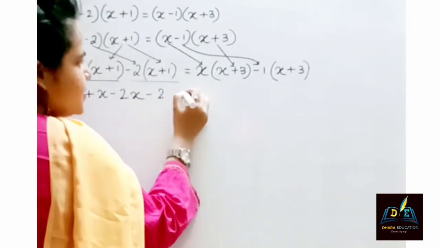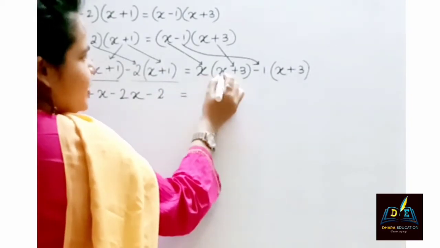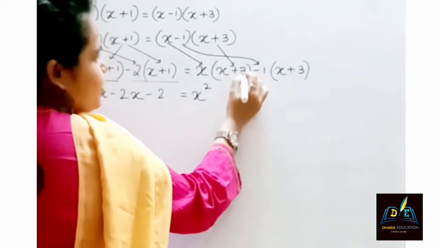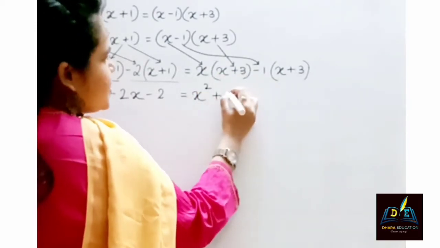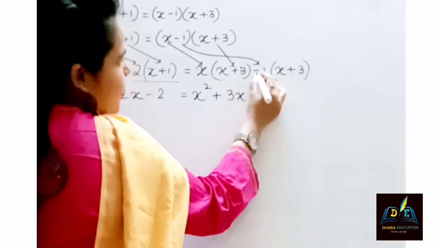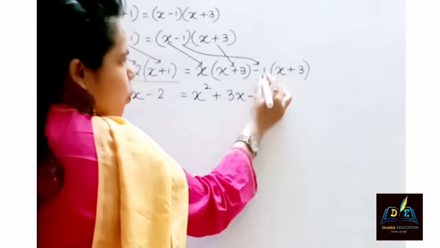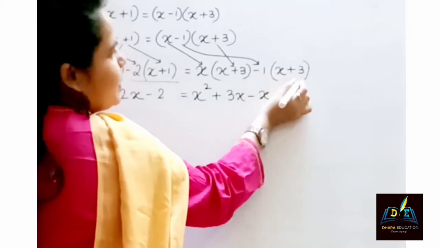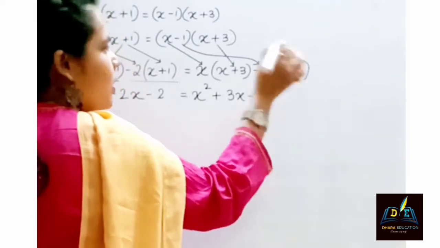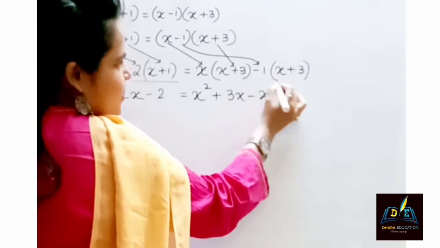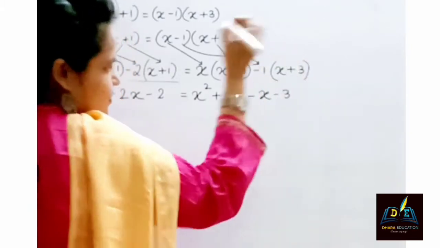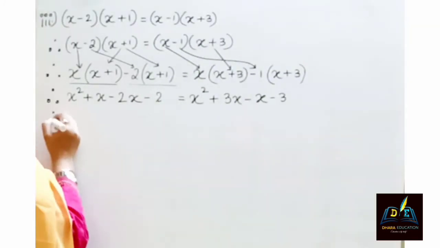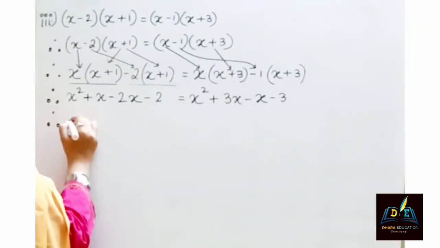Equals x multiplied by x gives you x square. x multiplied by 3 gives you plus 3x, minus 1 multiplied by x gives you minus x. 1 multiplied by 3 gives you 3, but it is minus, so it will come minus 3. The next step is x square as it is.